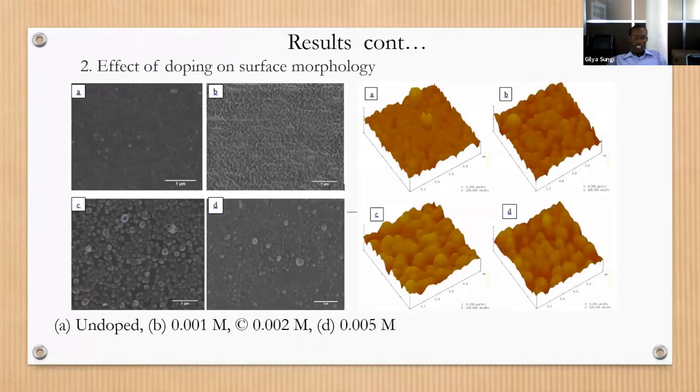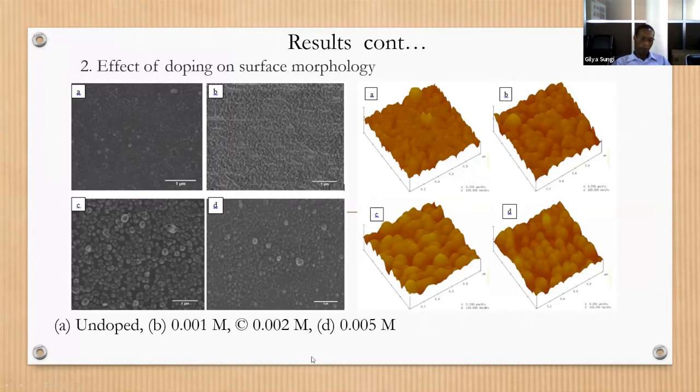We also did the morphological characterization of the prepared films. This was for an undoped film, and the grains of the prepared film were uniformly distributed throughout the film, and they were mostly spherical in shape, and the grain size increased with an increase in gallium concentration.